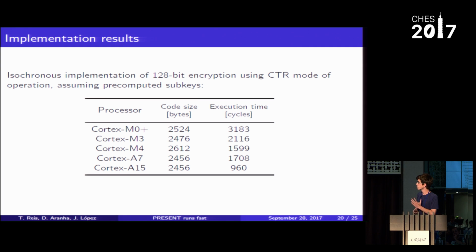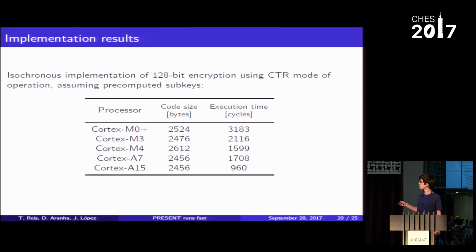Our results for CBC are not bad, but here are our best results, which are for the scenario where we encrypt 128 bits under CTR mode, assuming we already pre-computed the subkeys, which is a scenario proposed by the FELICS framework.